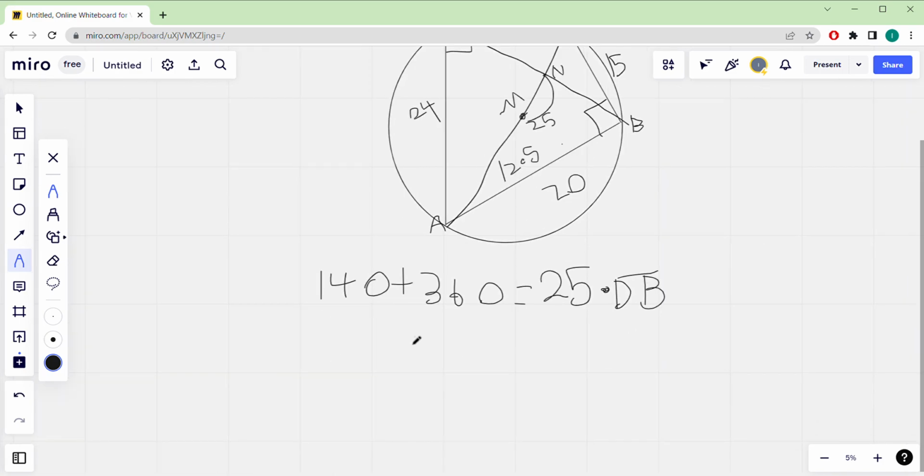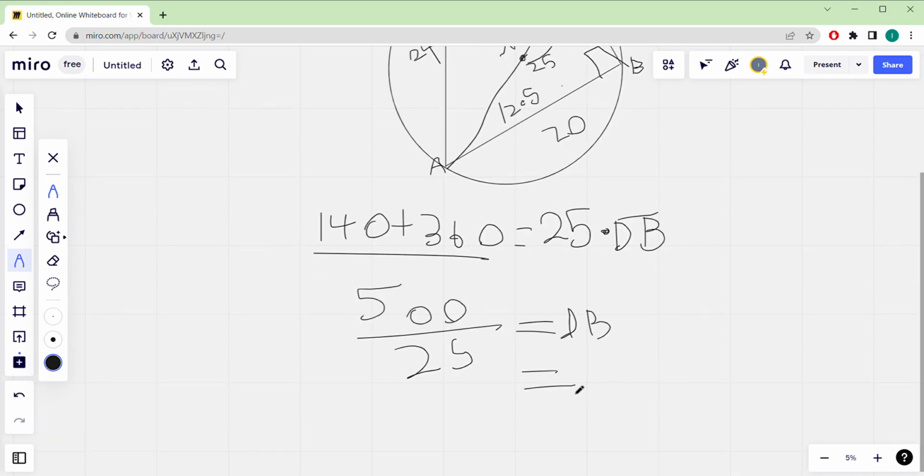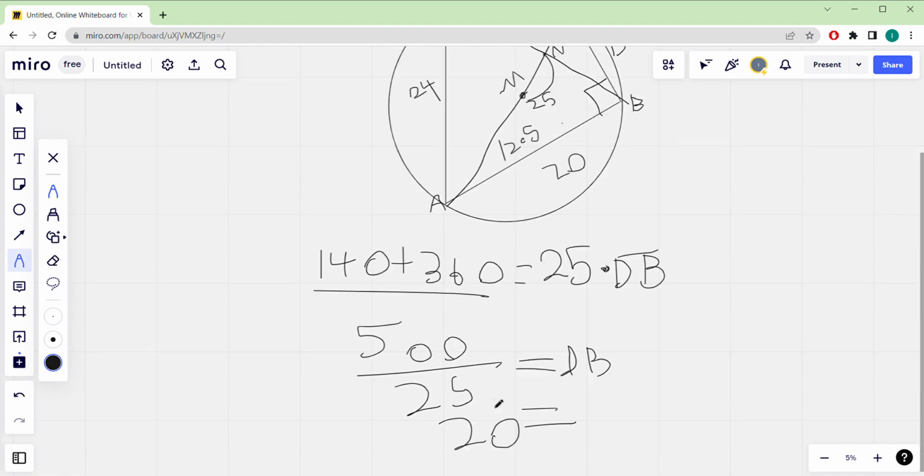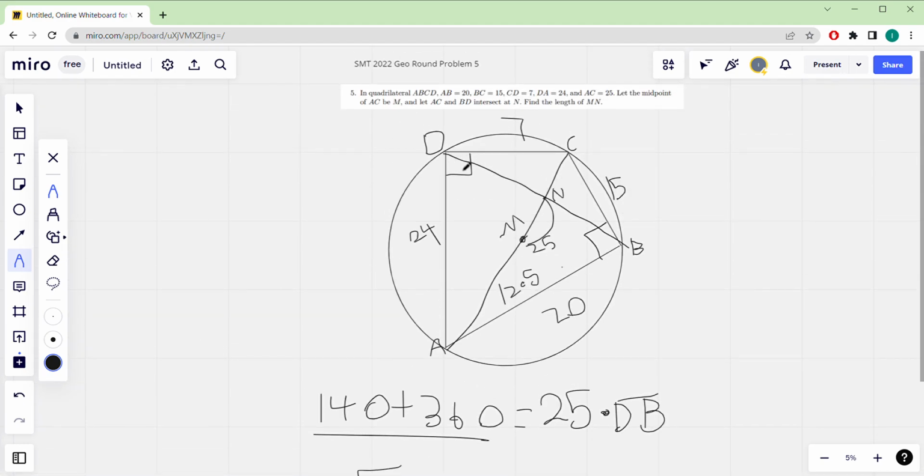Solving for DB, we can just evaluate the left side first. We get 500 over 25 equals DB. And so we get DB is equal to 20. So we know that this length is now 20.